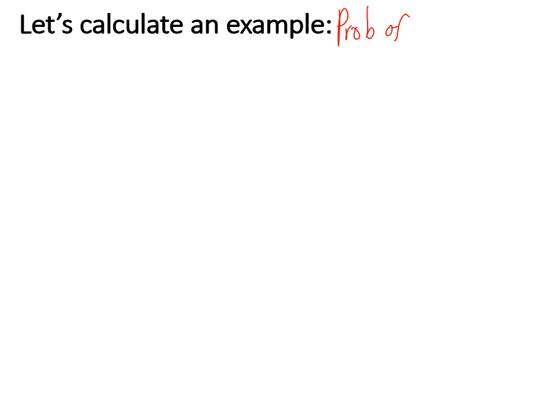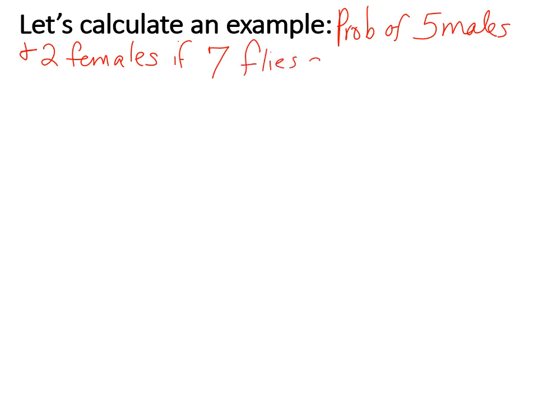Probability of 5 males and 2 females if 7 flies are born. So we're going to use probability to figure out the chances of having a very specific outcome of events, being 5 males and 2 females.